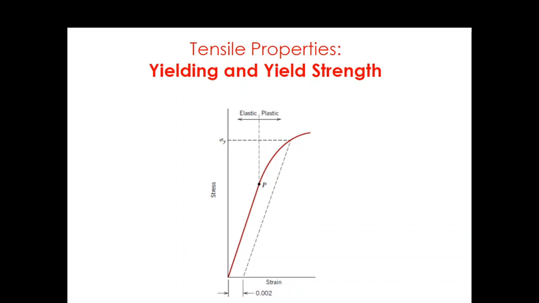Tensile properties. Most structures are designed to ensure that only elastic deformation will result when stress is applied. A structural component that has plastically deformed or experienced a permanent change in shape may not be capable of functioning as intended.